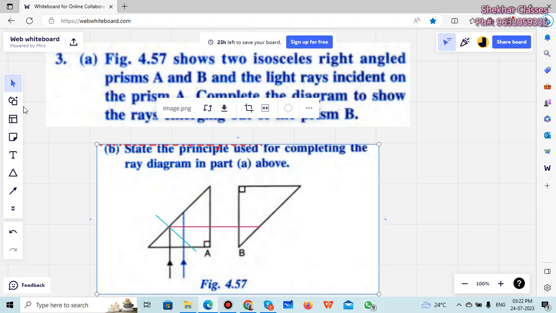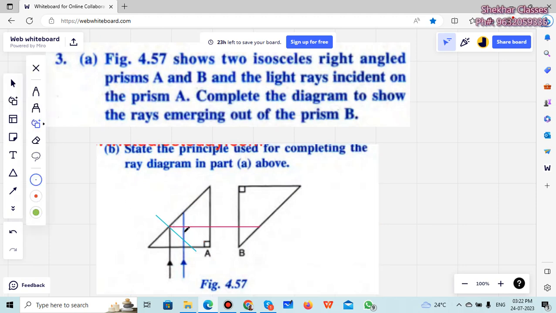Now this is the normal that I have drawn here. Why is this 45? Because the angle of incidence is 45, so reflection also will be 45. Clear? Then it is coming out at an angle of 90 degrees, so it will not get deviated, it will go straight.